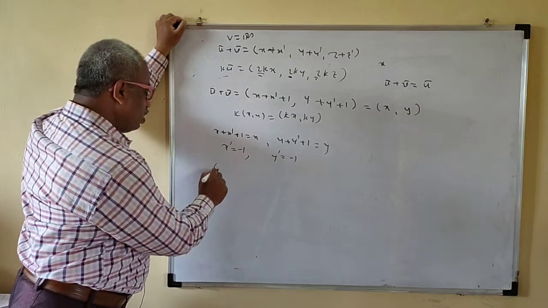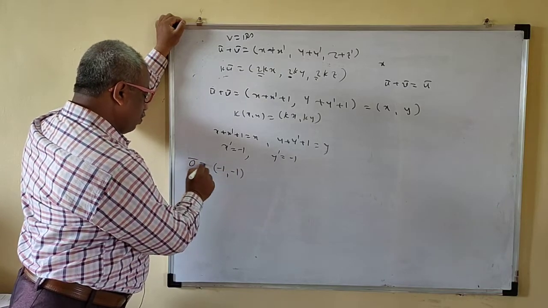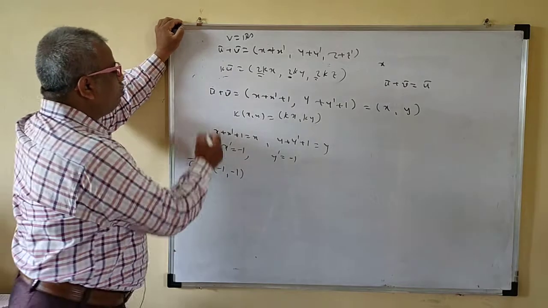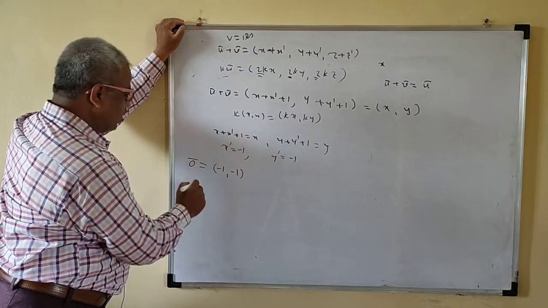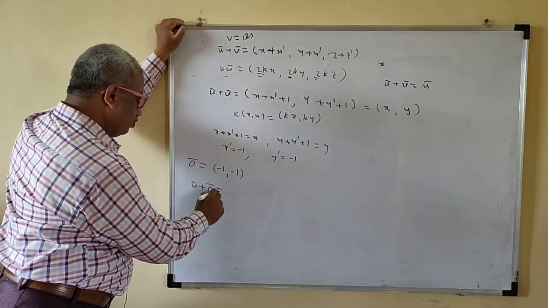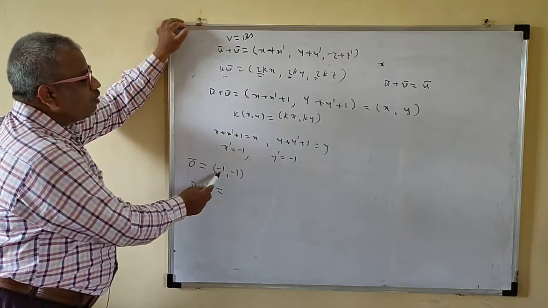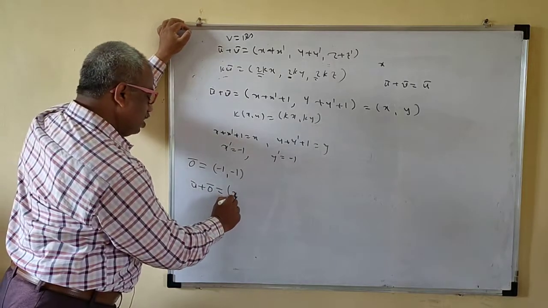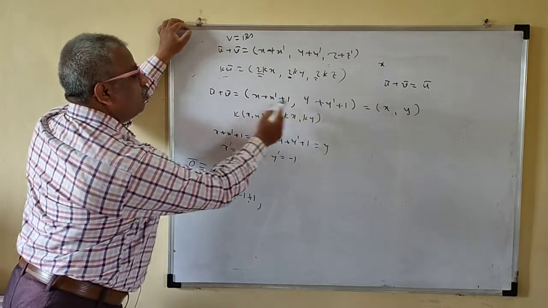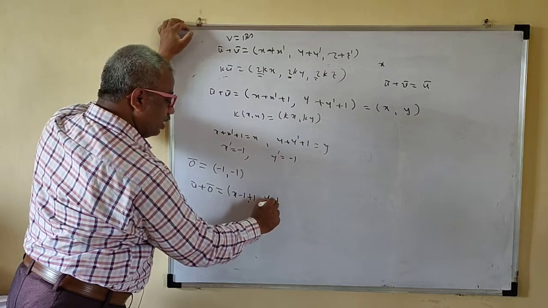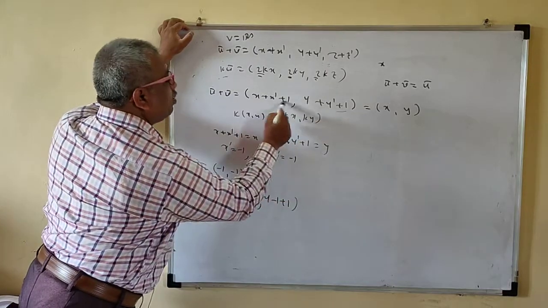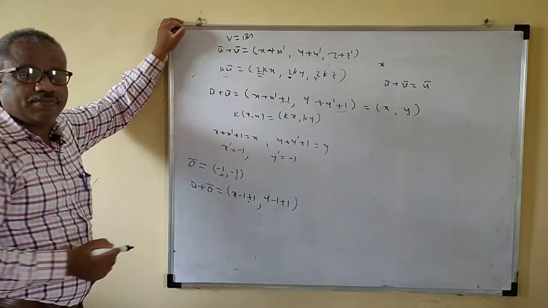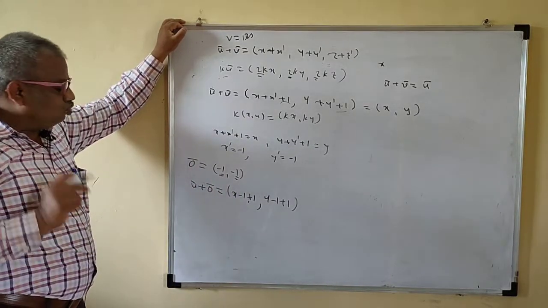That means minus 1 is your 0 vector. Now check: ū plus 0̄ gives x minus 1 plus 1, and y minus 1 plus 1. The plus 1 and plus 1 are fixed, and these are your x' and y'.